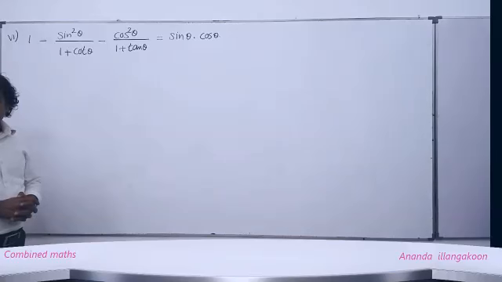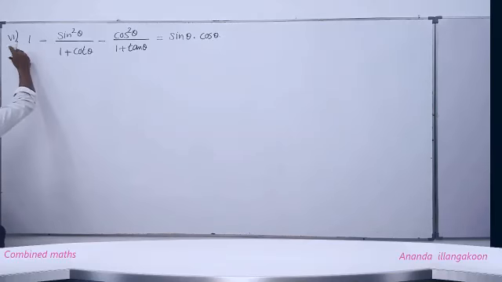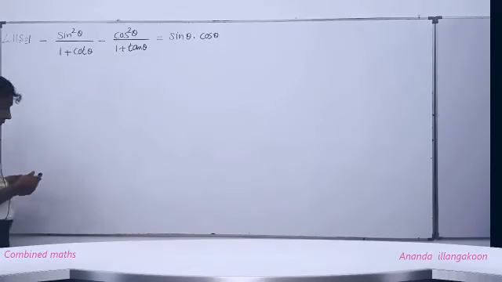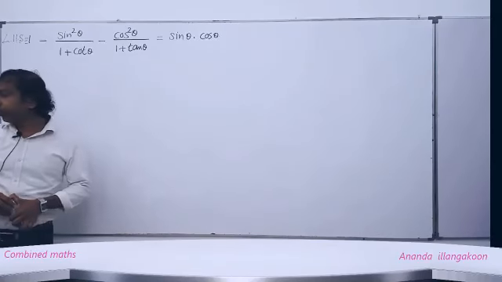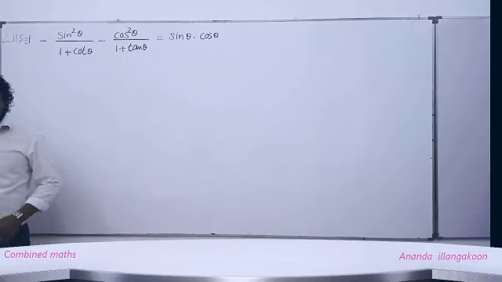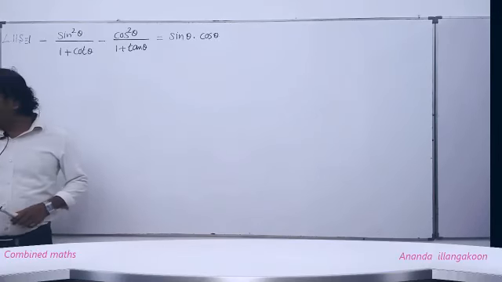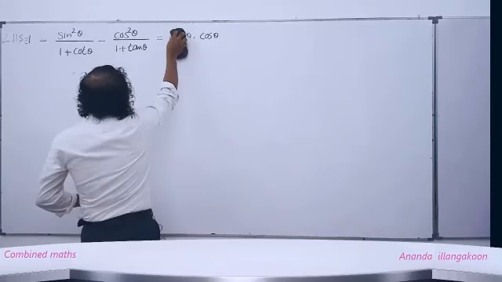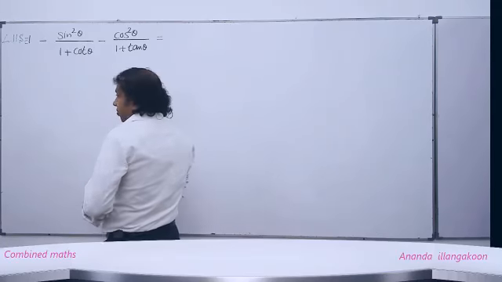Here also I'm going to start from the left hand side. Left hand side is this. When you start from the left hand side, I can do the simplification like this.